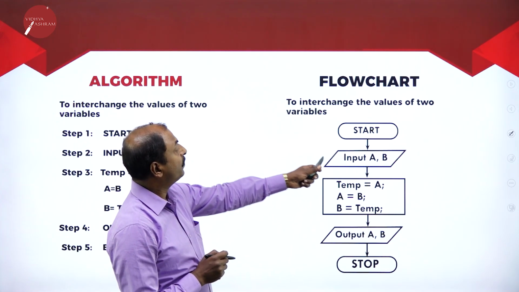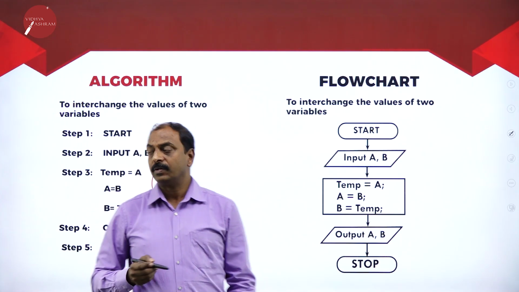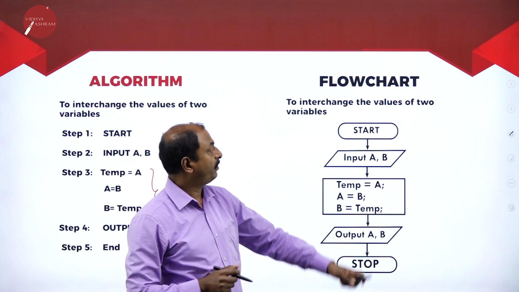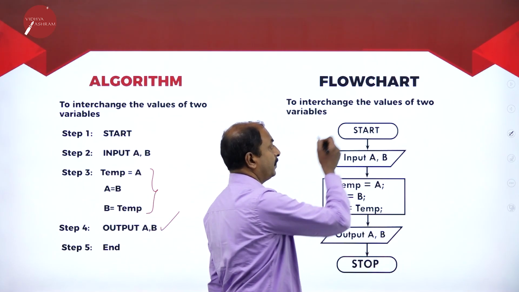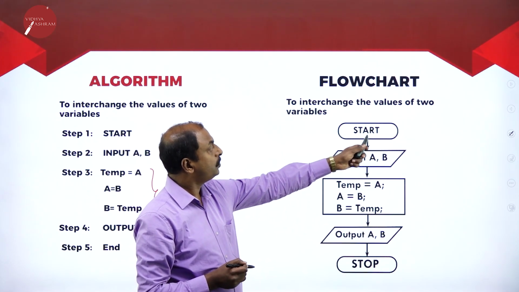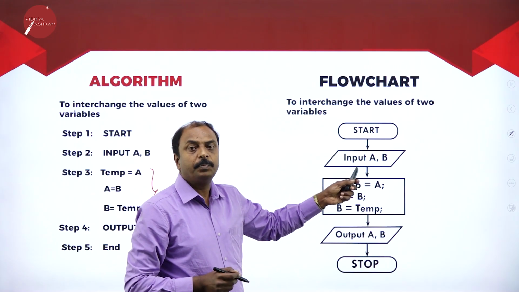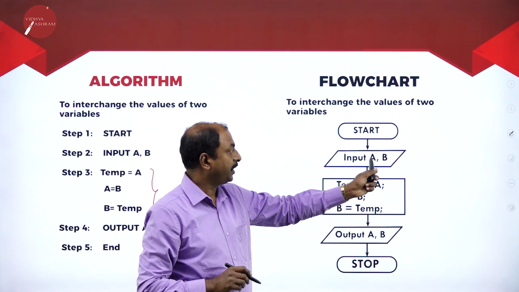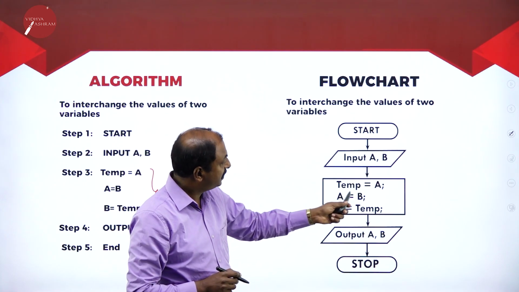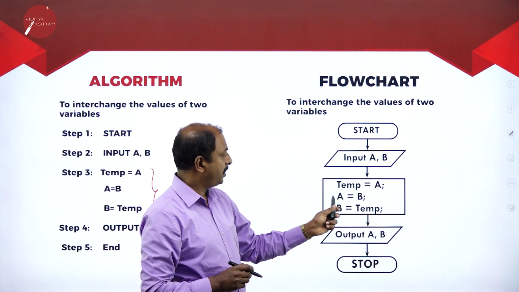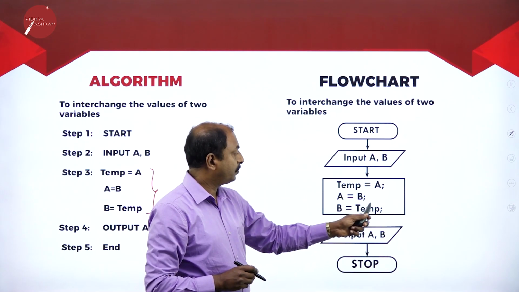Now let us see the flow chart. Here we are using an oval shape to start a flow chart. Next is input. We have to input the values of two variables A and B. Now this is the logic: temp equals A, A equals B, and B equals temp.